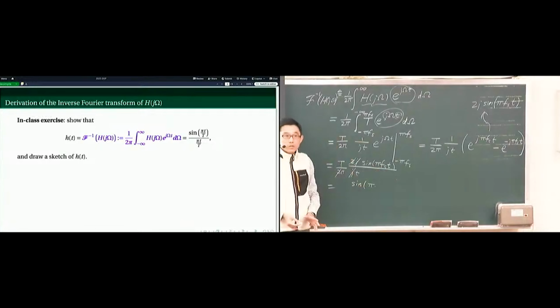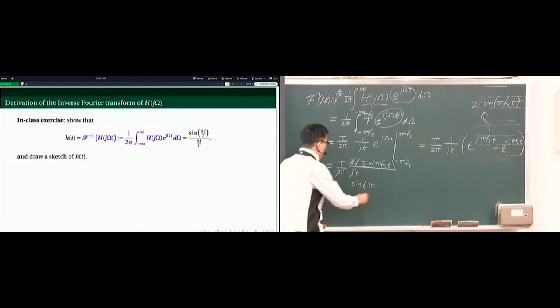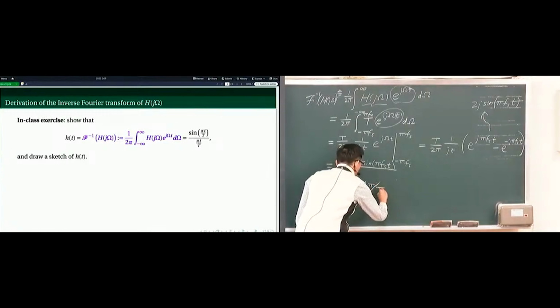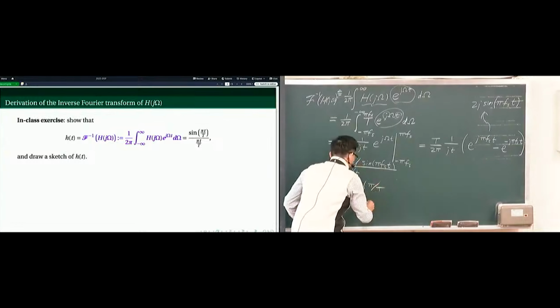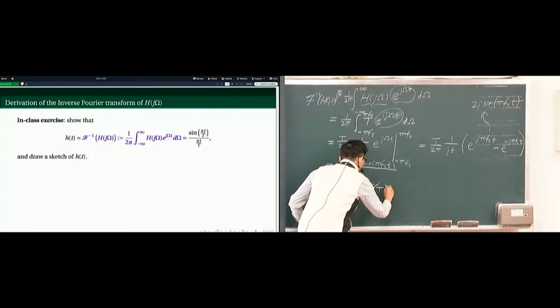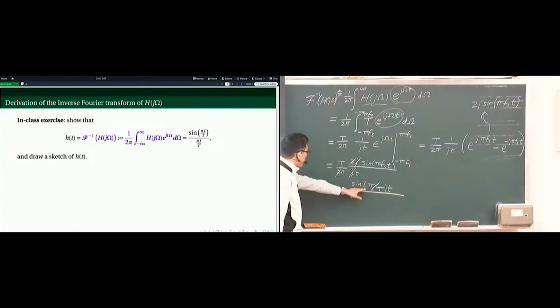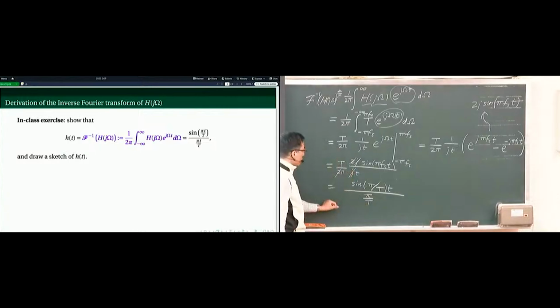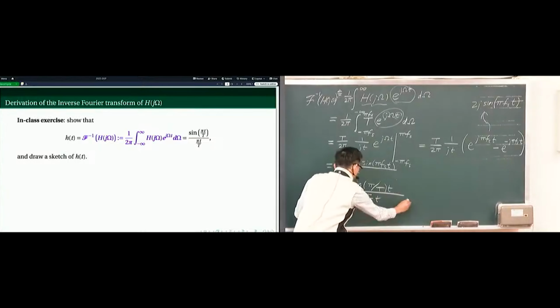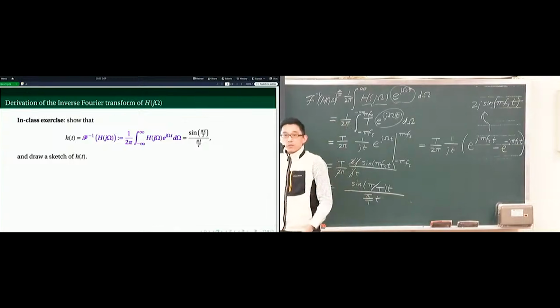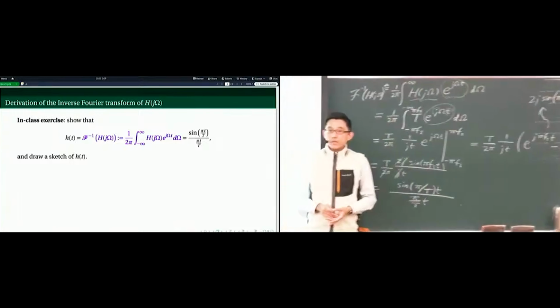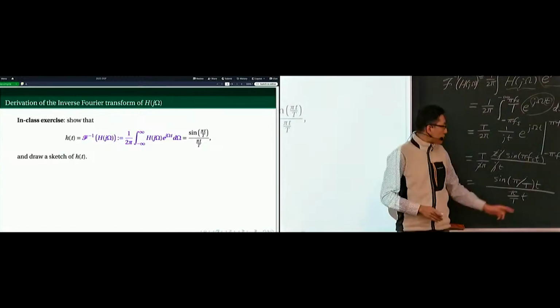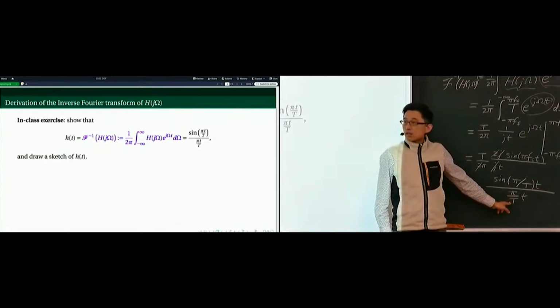Sampling frequency is by definition 1 over T, so here we have divided by big T and multiplied by t. At the bottom we have exactly the same thing, pi. If we move the big T to the denominator, finally we get this expression. Isn't that the same as here? Yes, it's the same. That's the way I make the derivation, a function of t, which is what we get back in the time domain.